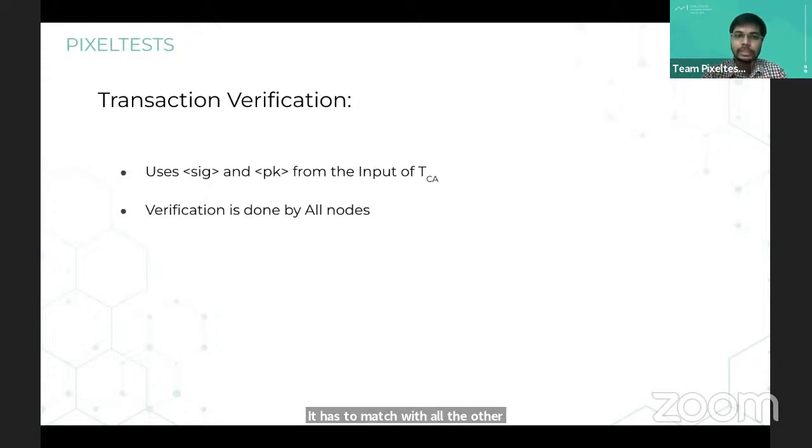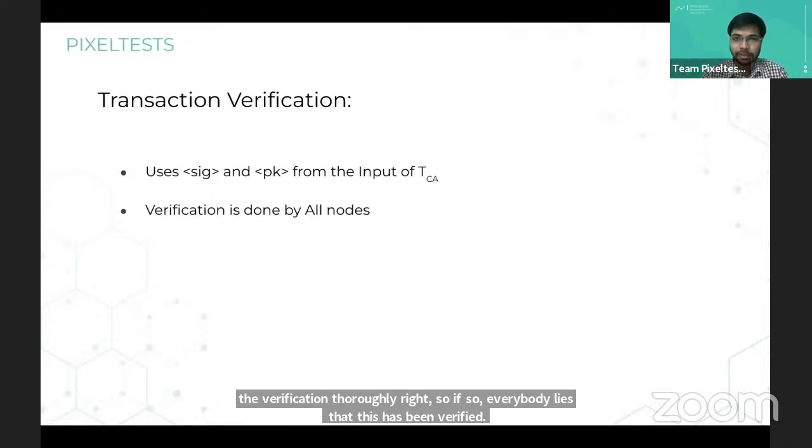The whole of the blockchain works on the assumption that at least 51% of the nodes are going to be honest and are going to do the verification thoroughly, right? If everybody lies that this has been verified, then you'll not be able to verify properly, right?